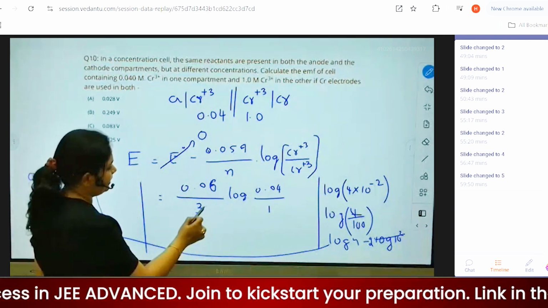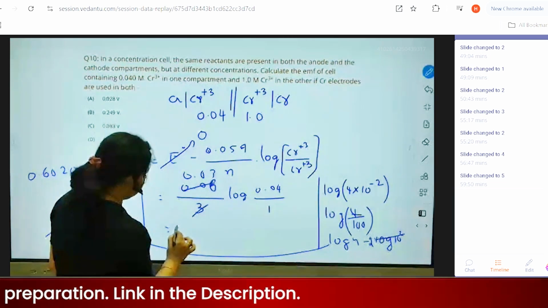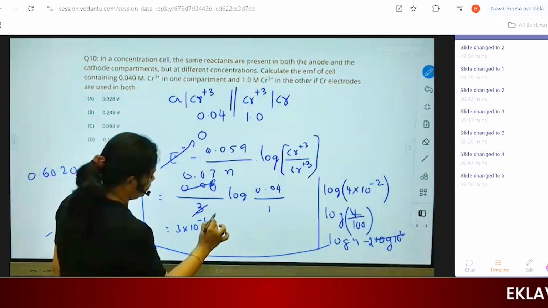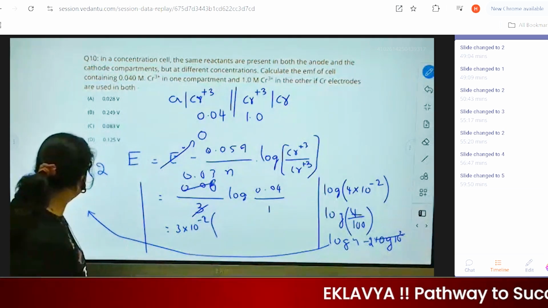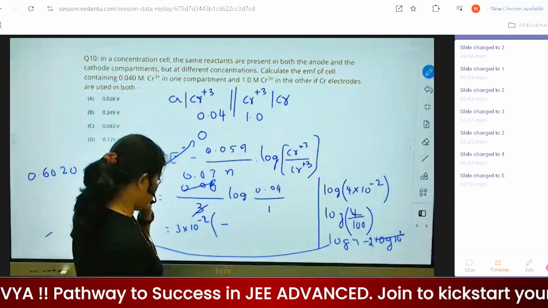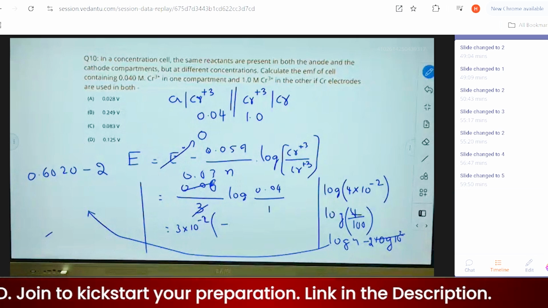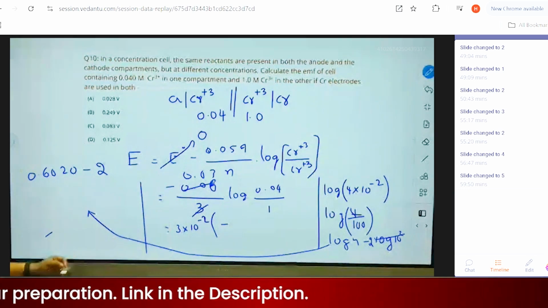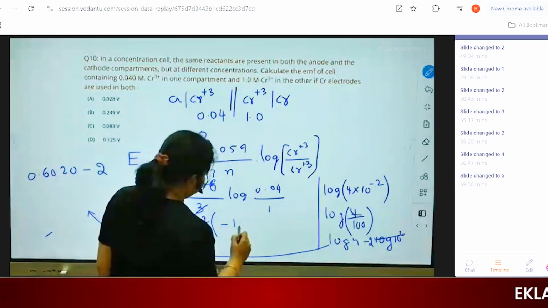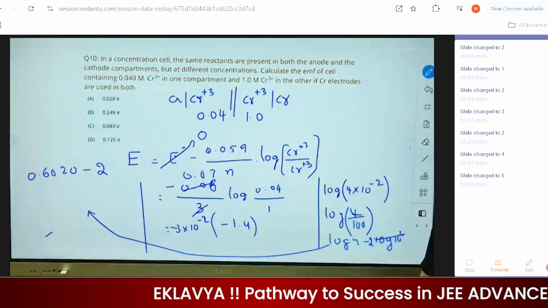And then here I can write it as 0.03. So 3 into 10 to the power minus 2 into minus of 2 minus 0.6. What can I write it as? So here already one minus is there. So minus is there. 2 minus 0.6 is 1.4. So minus 1.4. So like this we can find out, 14.